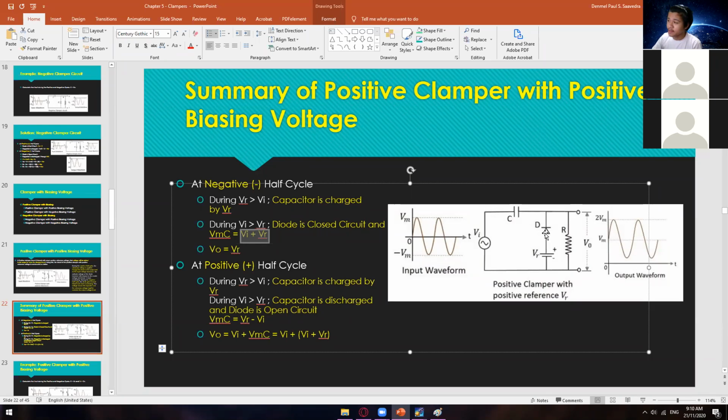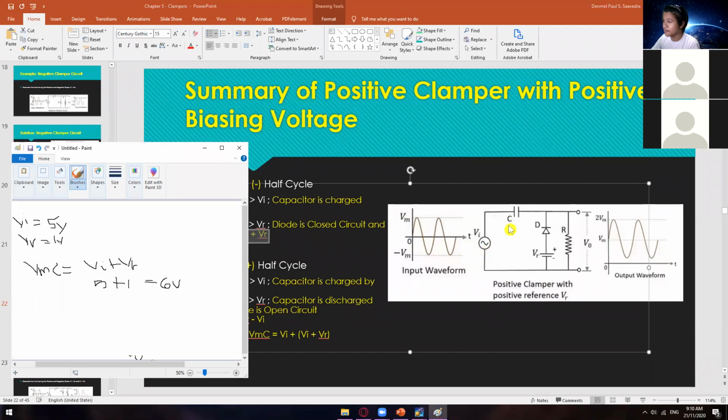Why? That's because we now have a higher voltage here, a higher DC voltage than this one. So if you take a look at this one, our capacitor will always dominate the value of our reference voltage. If V sub I is equal to, let's say, 1 volt, of course this one is incrementing, since this V sub I is an AC voltage.